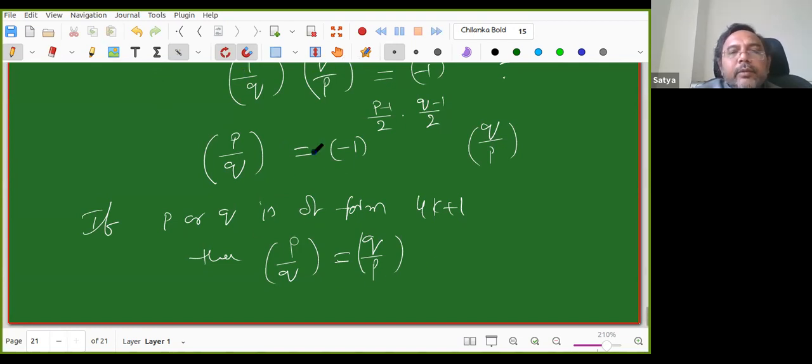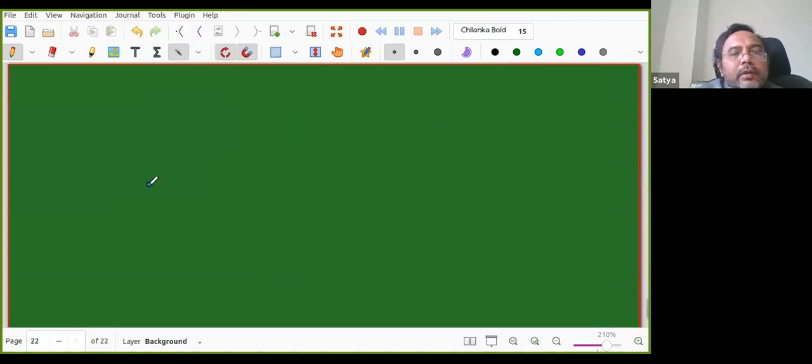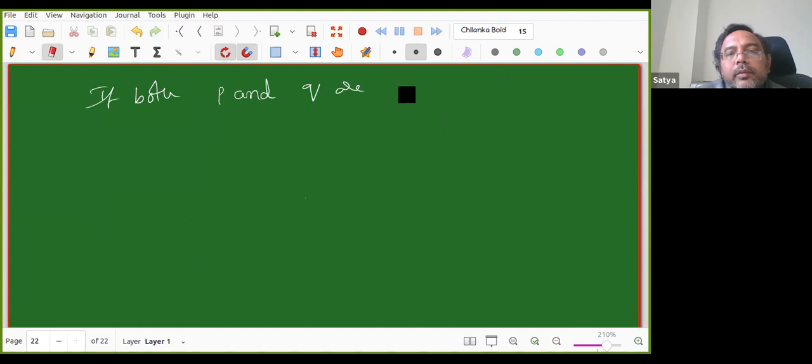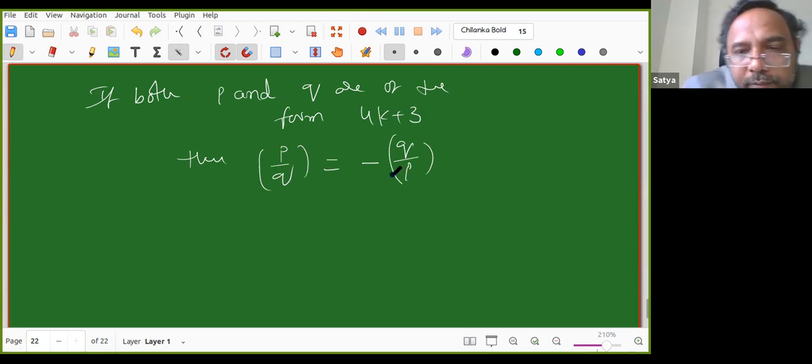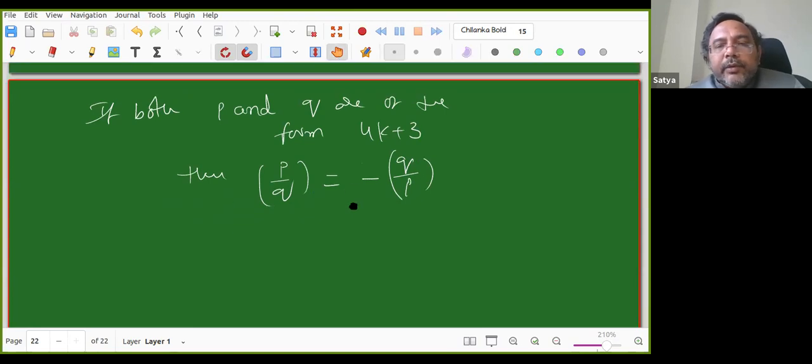Otherwise, it is negative. That is, if both P and Q are of the form 4k plus 3, then P by Q is equal to minus Q by P. That is, one is a quadratic residue and the other one is a non-residue modulo the other. Okay, so this is the quadratic reciprocity law.